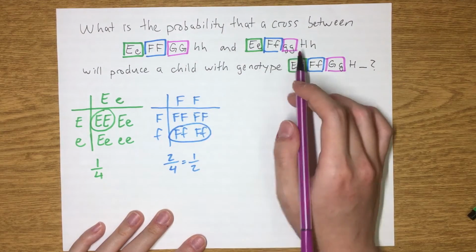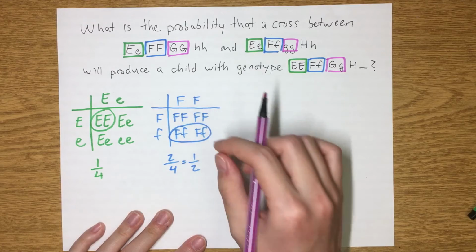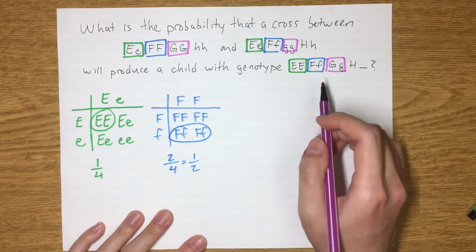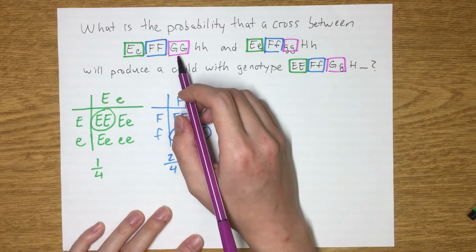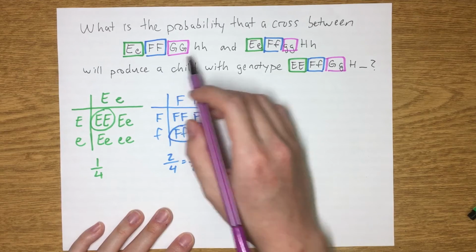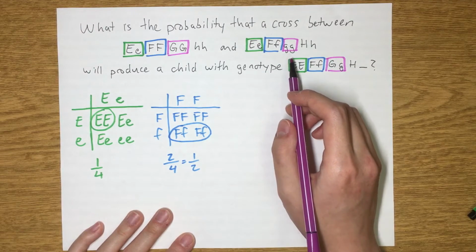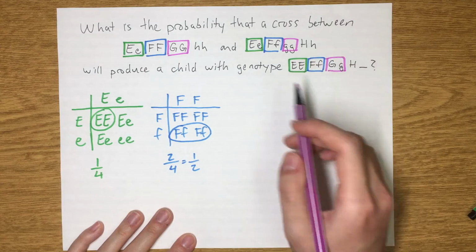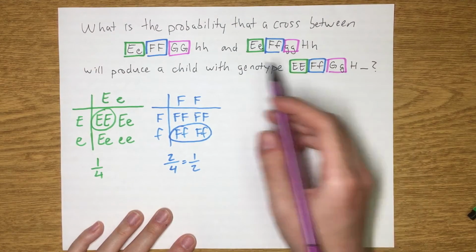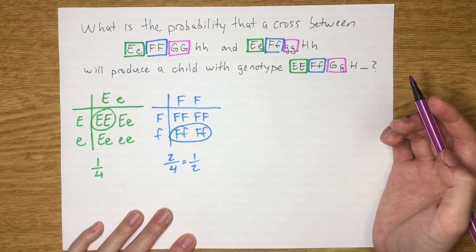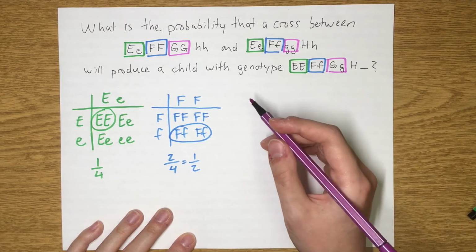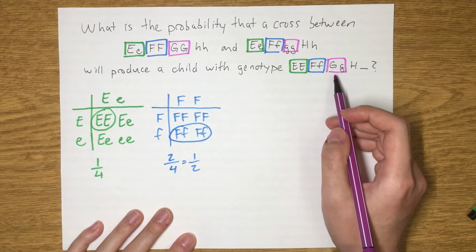We know that each parent has to contribute 1 letter to the child, and since this parent is only going to contribute a big G and this parent is only going to contribute a little g, then there is a 100% chance that we're going to get a kid with a big G and a little g genotype. So then this would be a probability of 1.